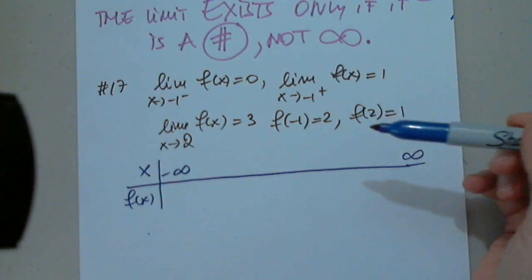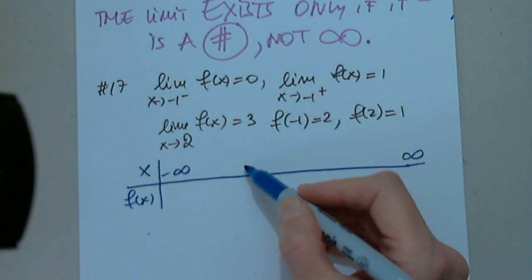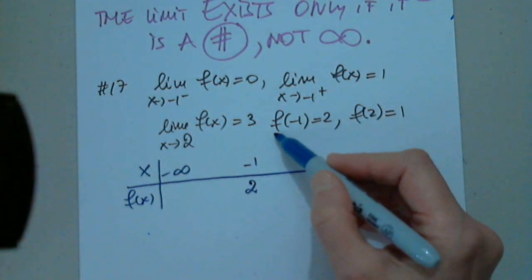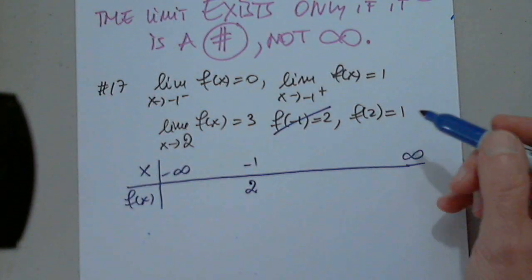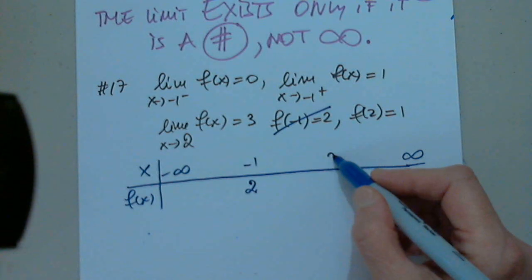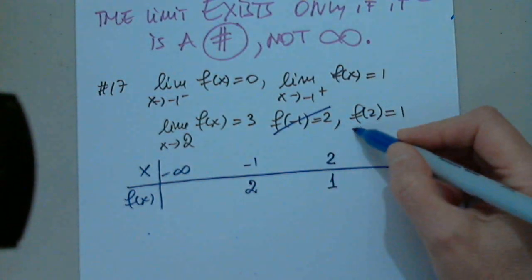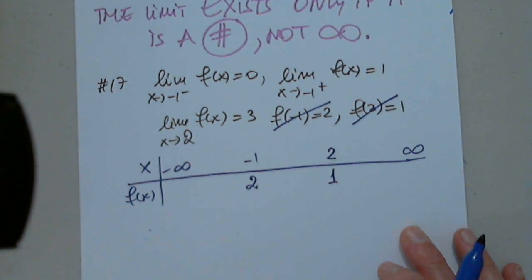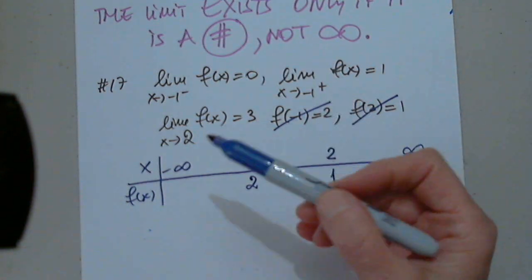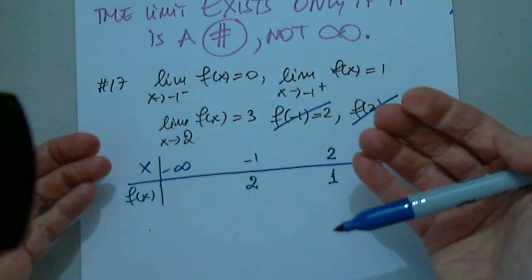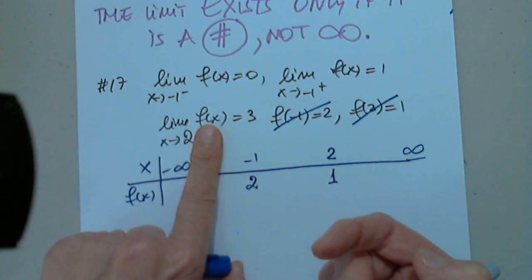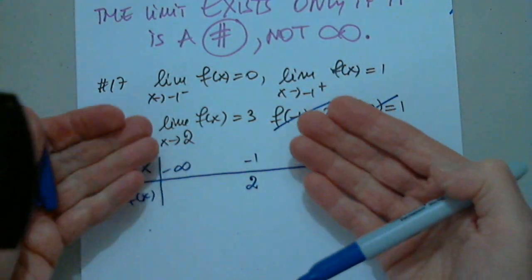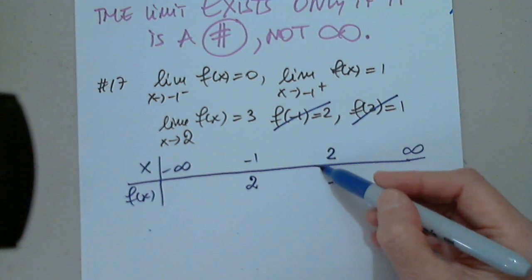Okay. I'll start with f of -1 is 2. Don't cross it out like that, I just want to make a point. I'll continue with f of 2 equals 1. Then at 2, the limit of f of x as x approaches 2 from either side is 3.